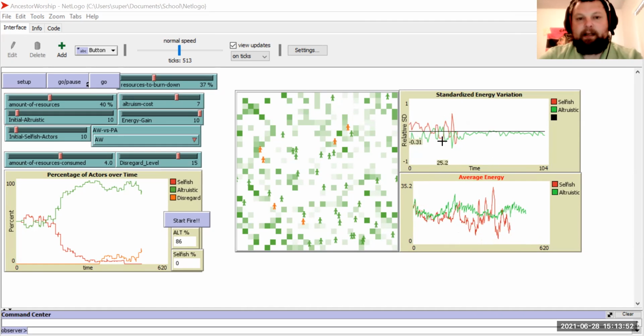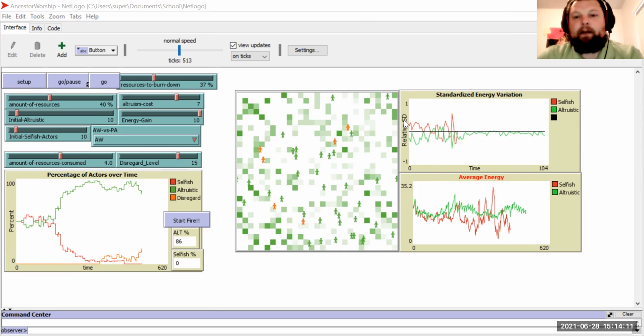This is the average standard deviation, or it basically maps the variation for both the red and green populations. If the line is below this black line, that means they have relatively less variation. They're more food secure.